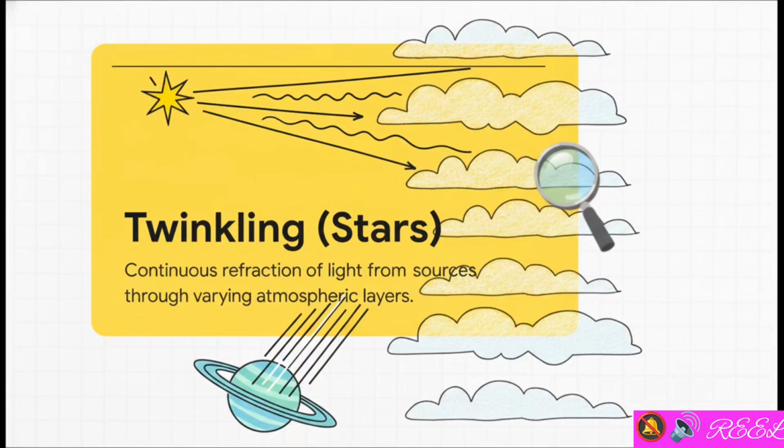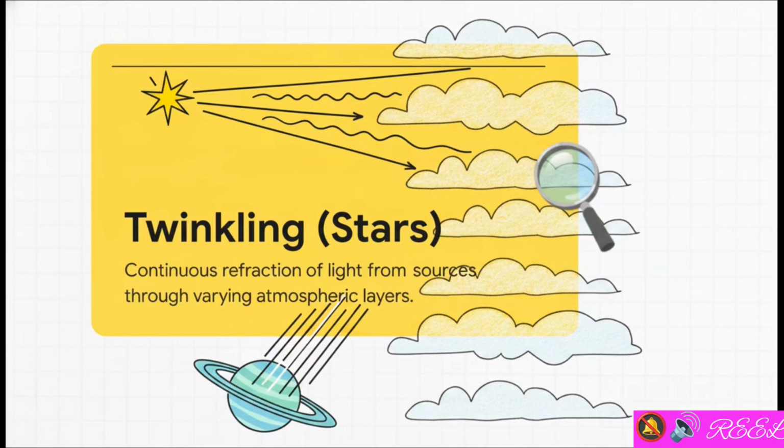The answer is all about refraction and distance. Stars are incredibly far away, right? So they act as tiny little point sources of light. As that single point of light travels through Earth's turbulent atmosphere, the constantly changing air layers continuously refract or bend the light.